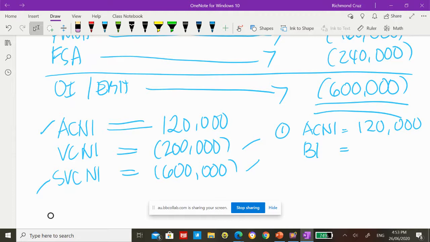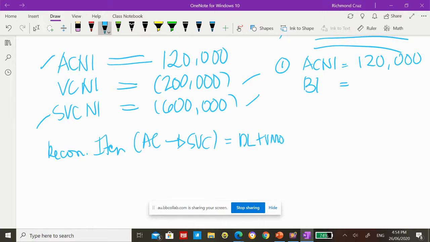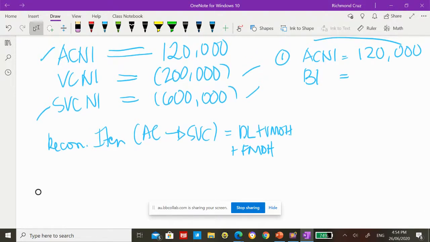Therefore, the reconciling item for absorption costing to super variable costing is the direct labor, the variable manufacturing overhead, and the fixed manufacturing overhead. Meaning the conversion cost multiplied by the units in beginning inventory or ending inventory.